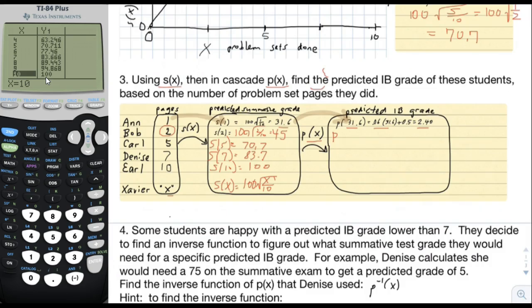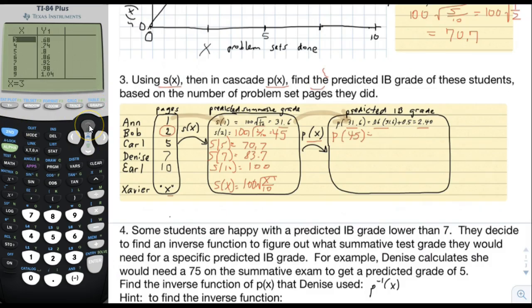So let's figure out what the conversion would be for a score of 45. That would be 0.06 times... and here we can put in the function, which is 0.06x plus 0.5.